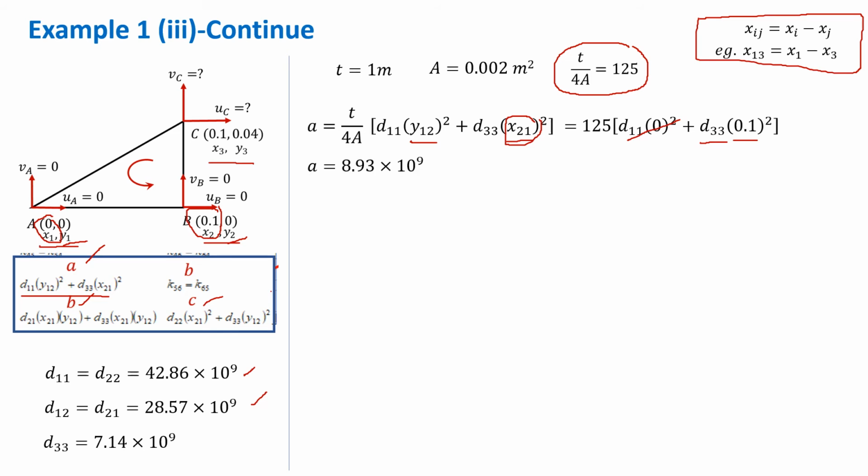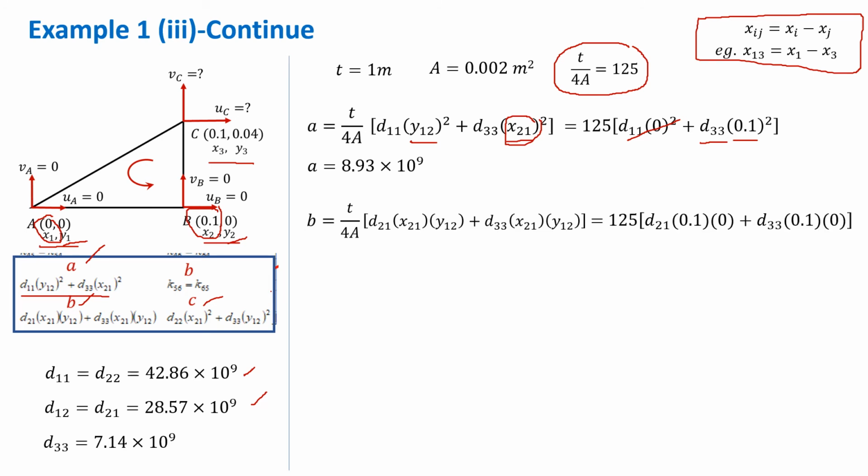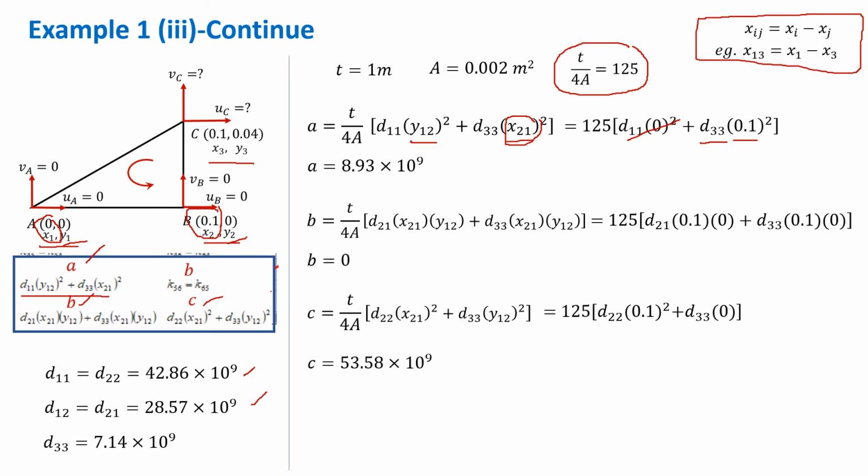We obtain A is equal to 8.93 times 10 power 9. We apply the same method for B and C, and we obtain the values. Once we obtain all the values of A, B, and C, we can write our reduced K matrix for element 1, as shown in this slide.